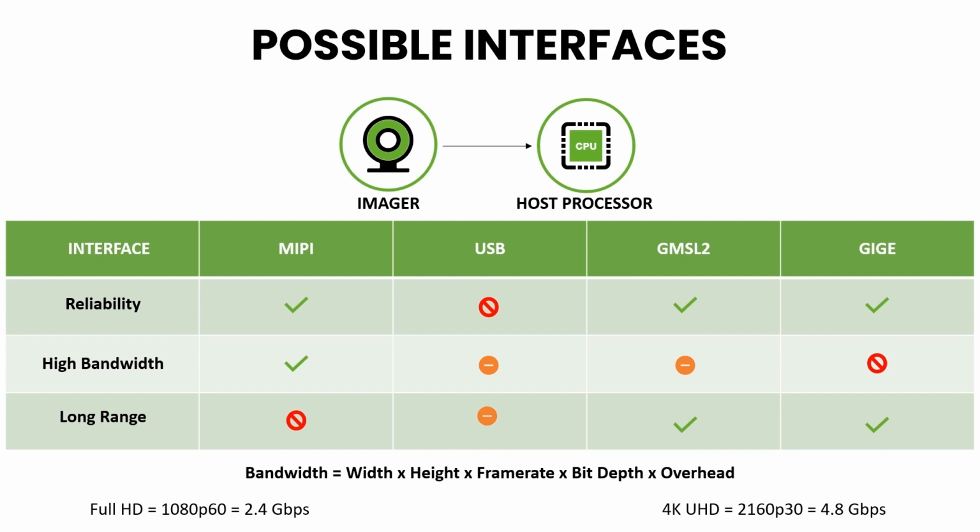The second most important factor for choosing the interface is the cable length between the camera and the host processor. MIPI is the commonly used interface for high bandwidth requirements as it supports a bandwidth of 10 Gbps when used in a 4-lane configuration. The GMSL interface supports the second highest bandwidth of 6 Gbps.